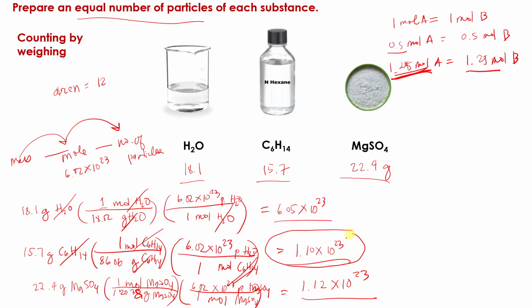We have 1.10 times 10 to the power of 23 particles. And I should also prepare 1.10 times 10 to the power of 23 particles of this, and 1.10 times 10 to the power of 23 particles of the other. Obviously, I cannot count these, so in order to prepare this, I need to determine the mass of this number of particles.